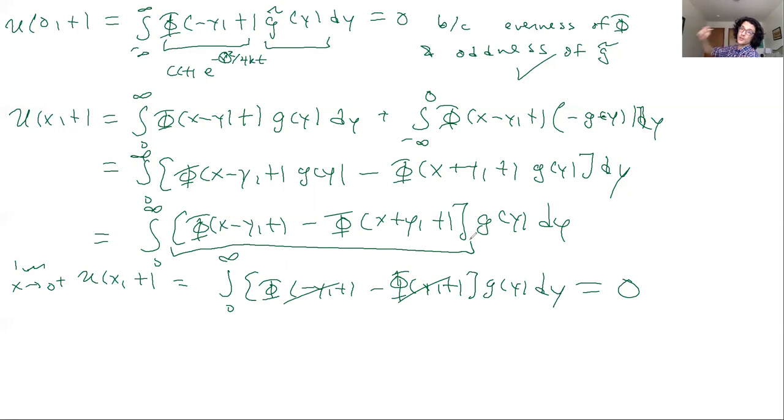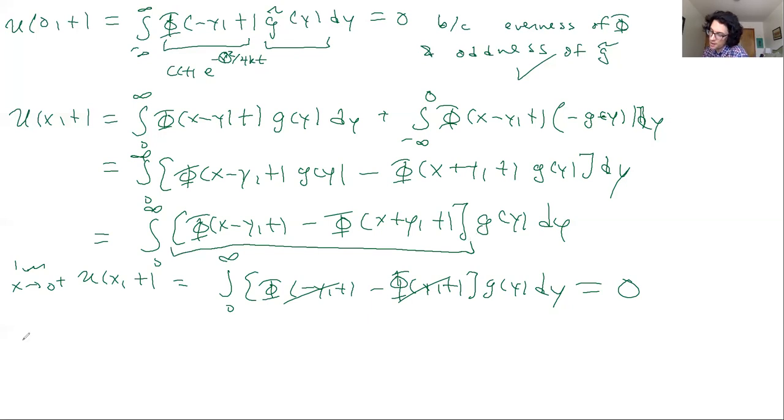Okay, we're going to circle back to this idea of odd reflection when we start talking about Green's functions again later in the course. Okay, for now, we just know that when we have a Dirichlet boundary condition in the context of the heat equation, we want to use odd reflection.